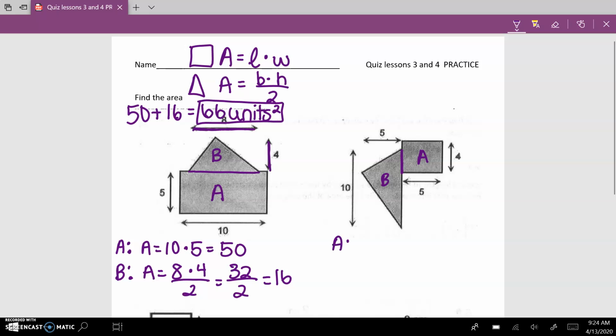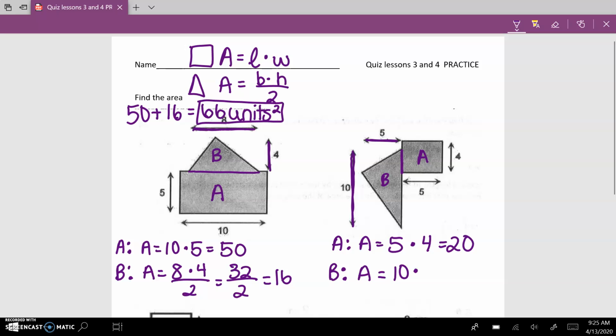To find the area of part A, my length is 5 times my width, which is 4. So the area would be 20. Then for shape B, my triangle, my base is this whole thing down the left-hand side, which is 10, times my height, how tall it is.